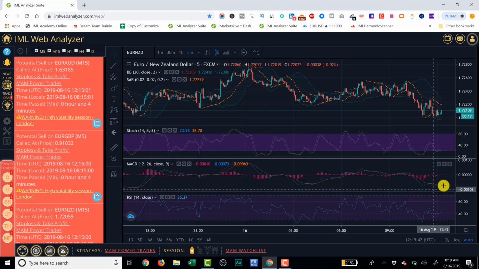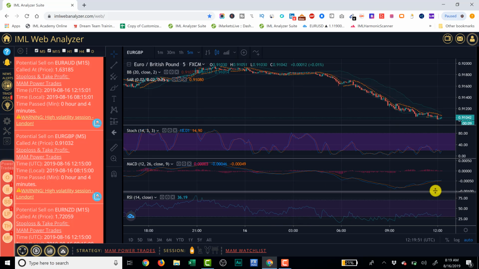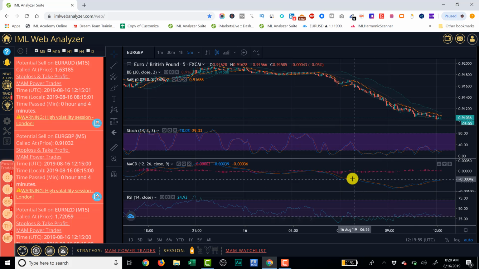See that? Blue line goes up, buy happens. Blue line goes up, buying. See that? Going down, sell. It's coming down. You can look up, see the sell.